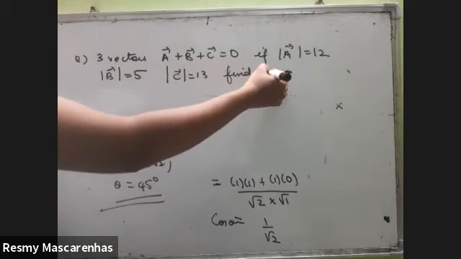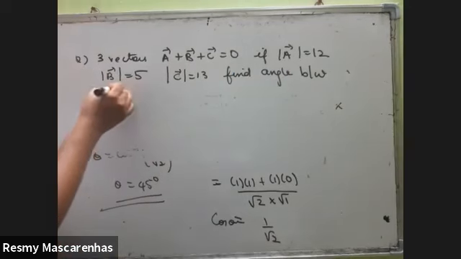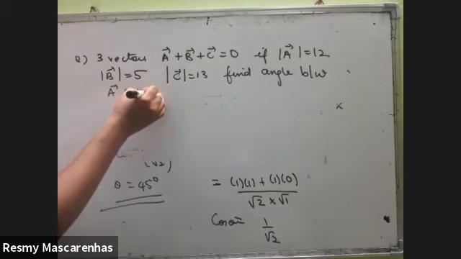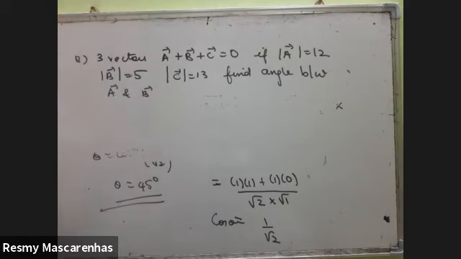Find the angle between a bar and b bar. Okay, so something like this is given.